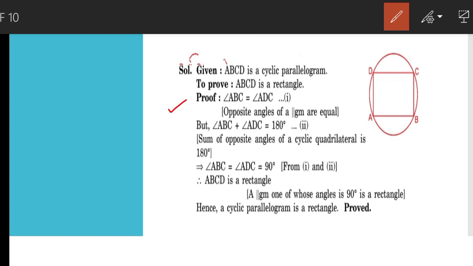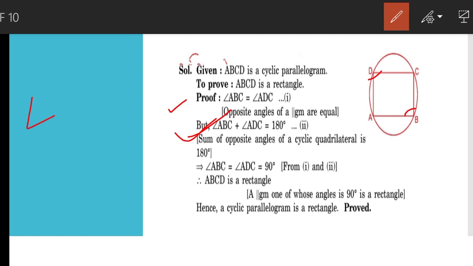Now in a parallelogram, we know that opposite angles are equal. So angle B and angle D are equal, that is, angle ABC and angle ADC are equal. Since it is cyclic, the sum of opposite angles will give us 180 degrees.